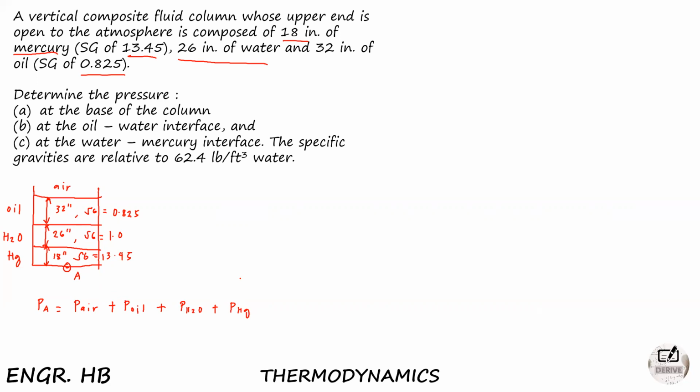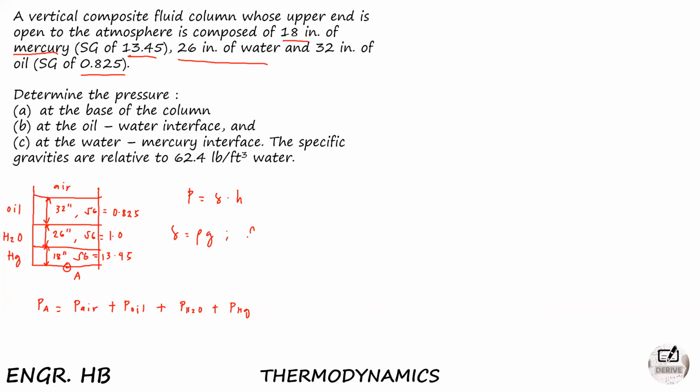And of course, we are given heights, which are in inches. We all know that pressure is equal to specific weight times height. But what is given in the question is only specific gravity, not specific weight. We all know that specific weight is equal to density times gravity.